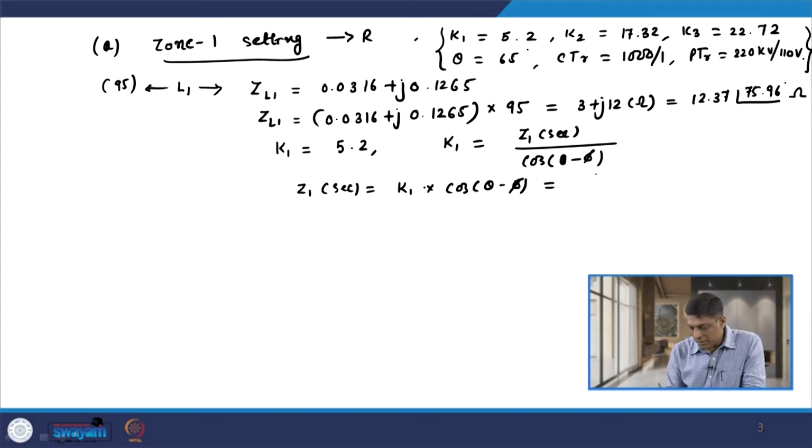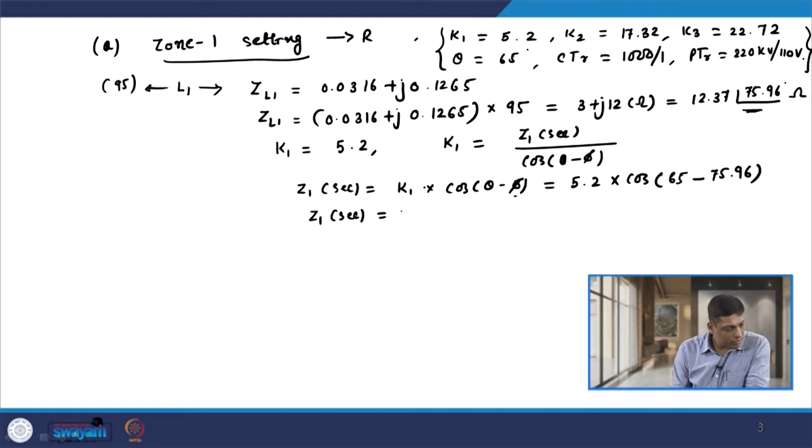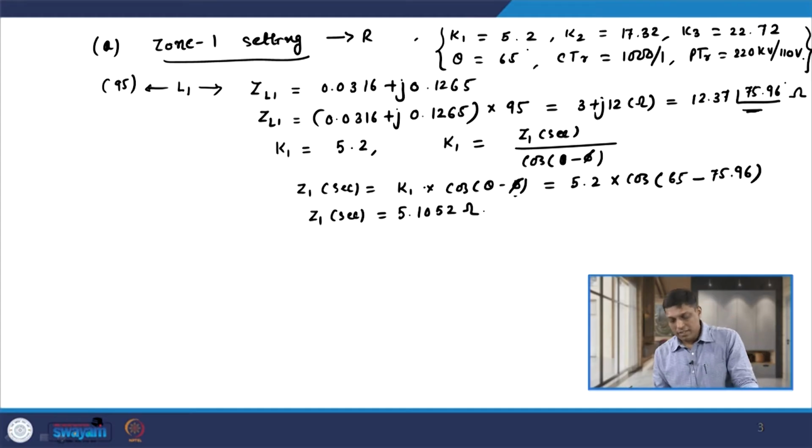K1 is given as 5.2 ohm into cos of theta, given as 65 degree characteristic angle, minus phi. Now this phi is nothing but the angle of ZL1, 75.96 degree. If I solve this, the value of Z1 secondary comes out to be 5.1052 ohm. So you can easily find the value of Z1 secondary.